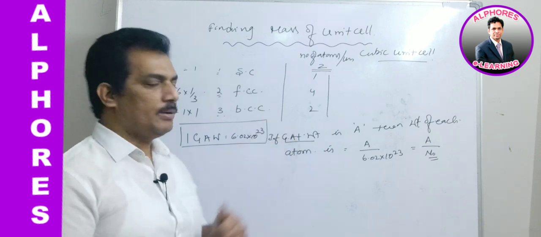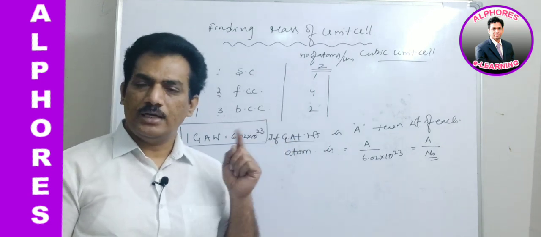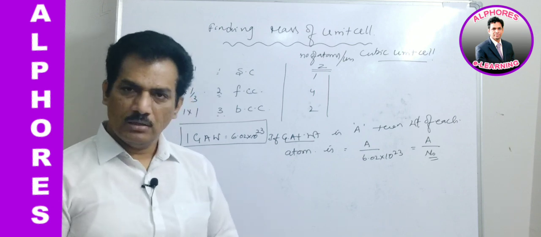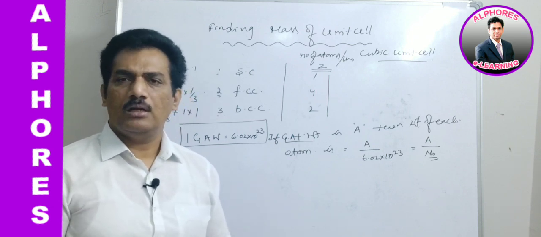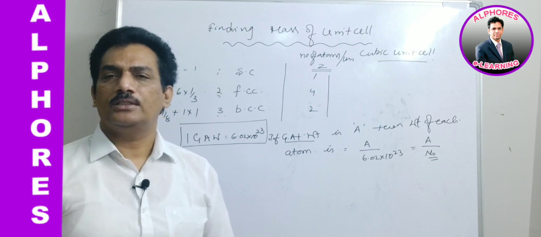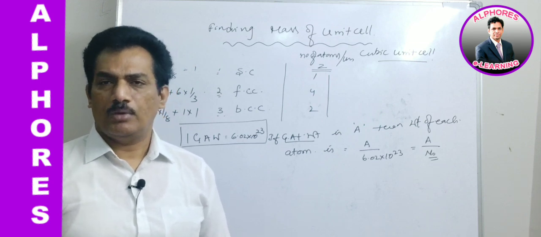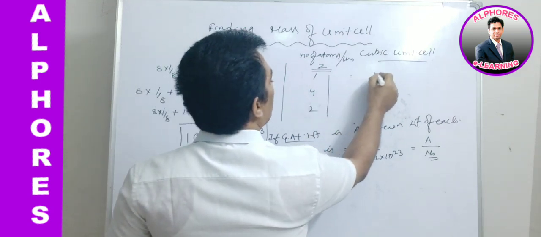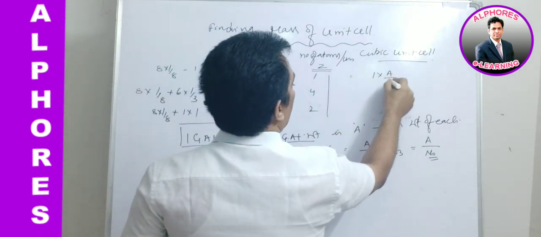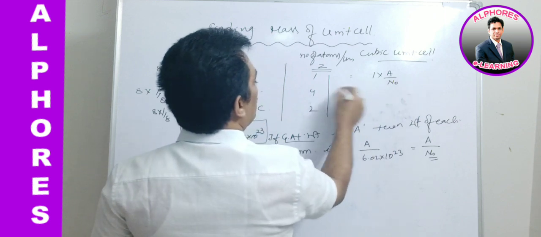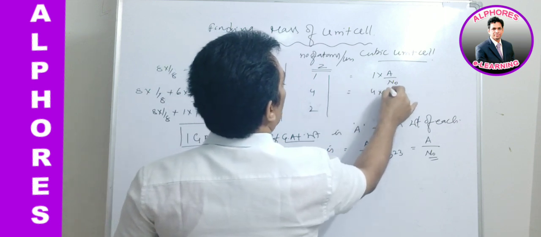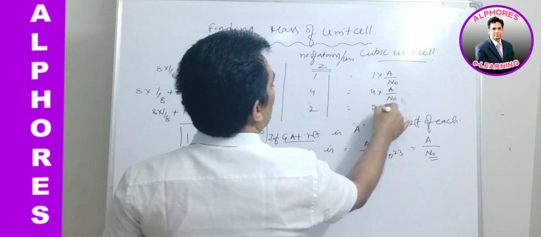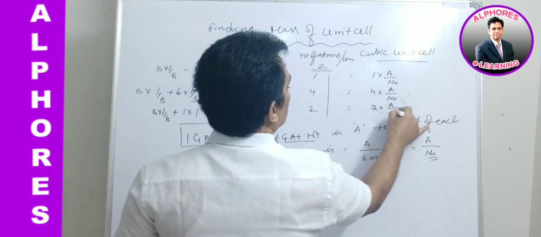Similarly for BCC, 2 atoms are present per unit cell, and thereby the unit cell weight is 2 into A by N0. So here it is 1 into A by N0, here it is 4 into A by N0, and here it is 2 into A by N0.